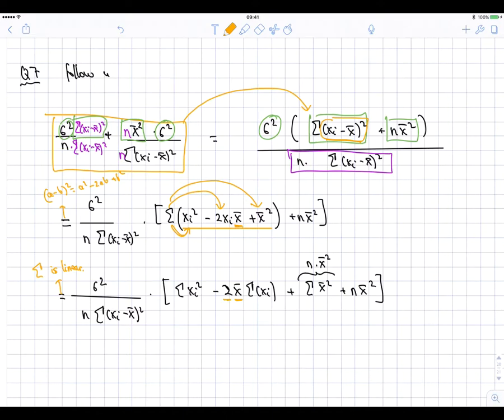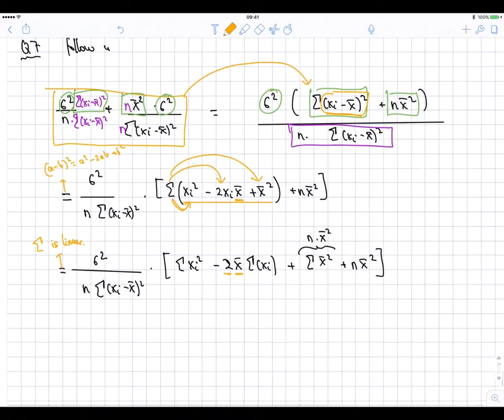The 2 is also constant, so I can pull those out. I'm just left with sum of xi. Agree? And then I have plus this bit here, sum of those. This doesn't depend on i, so this will equal n times x bar squared, because those are all constants.